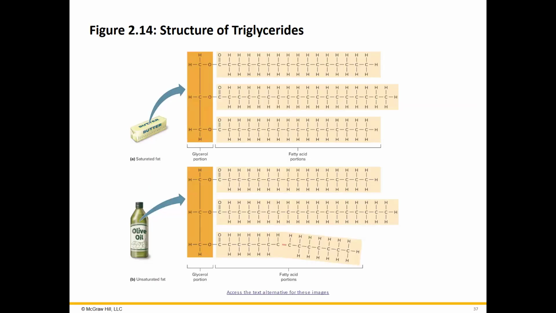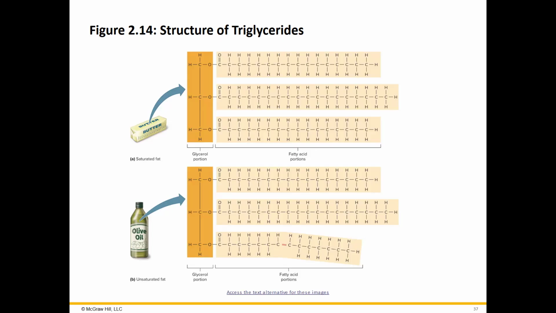So what does that look like? Well, when they have single bonds with everything, they are called saturated fats. These are very organized structures, and they often appear as solid foods. Things like stick butter. Yeah, that's a saturated fat because at room temperature, it's solid.